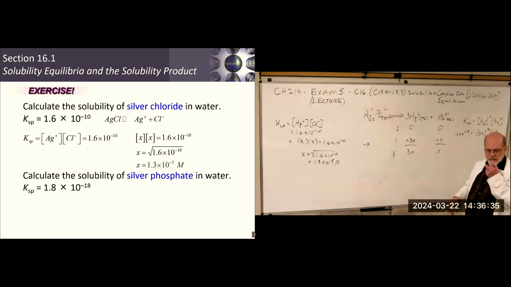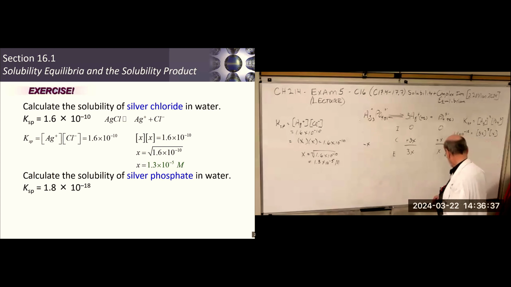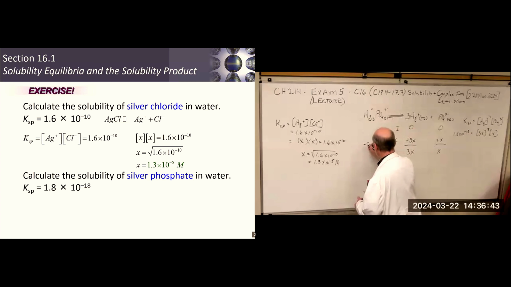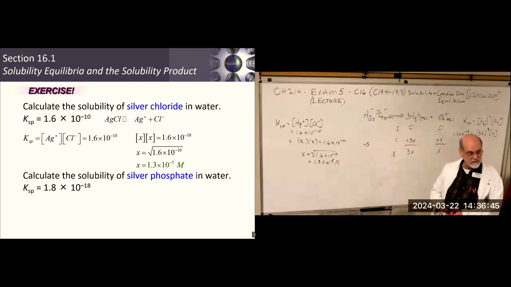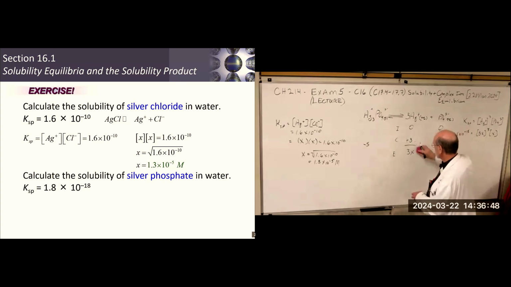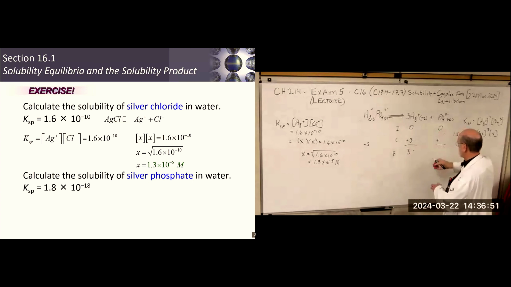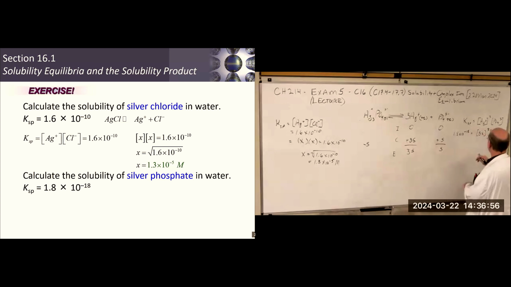I'll tell you what, it may be easier to understand if instead of X, we write this as S, as solubility. Then each one of these becomes an S, and this becomes an S. So when we solve for S, then we can say S is the solubility. All right, so what's 3 cubed? 27.